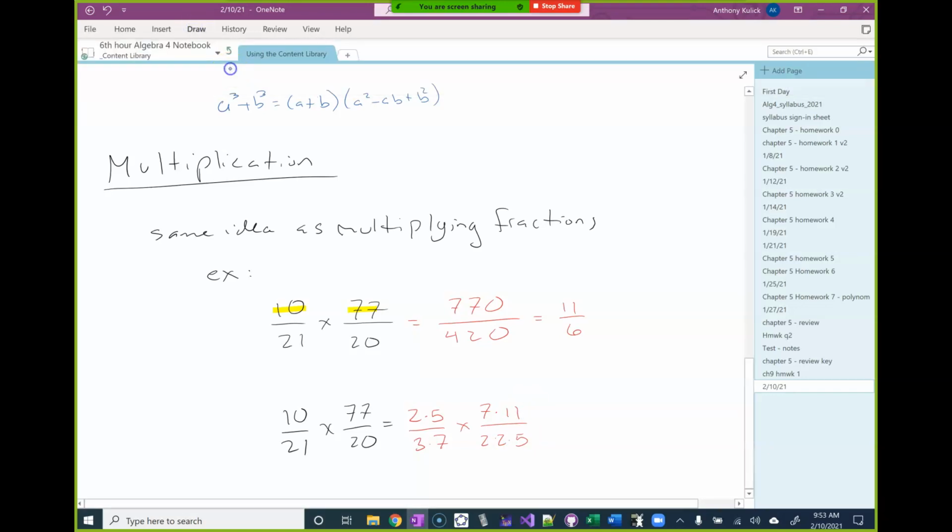That's equaling our polynomials to start with. And now we can reduce. And if we multiply across now, we're at the same spot, right?